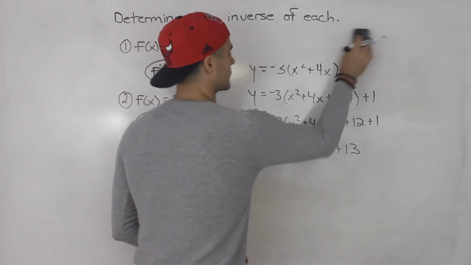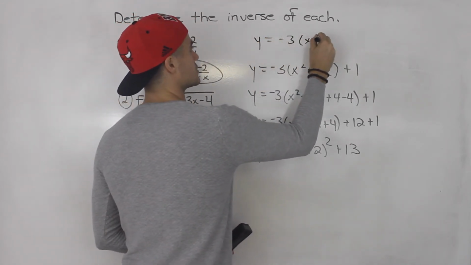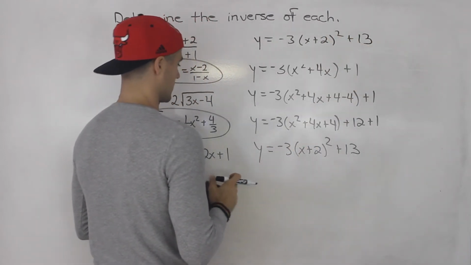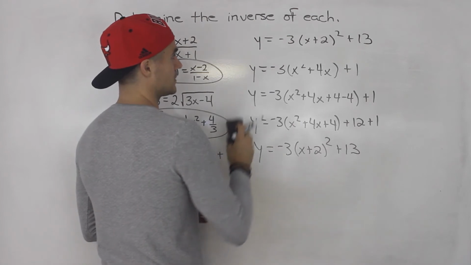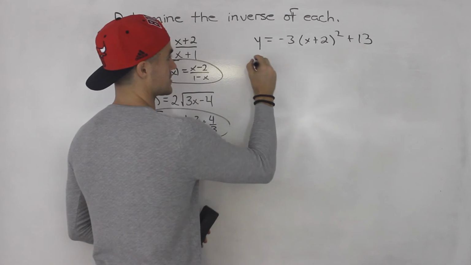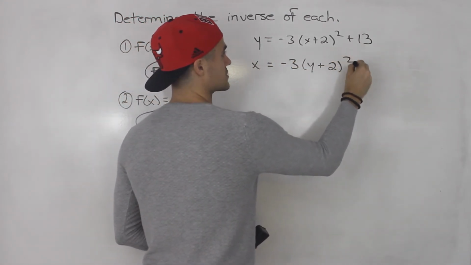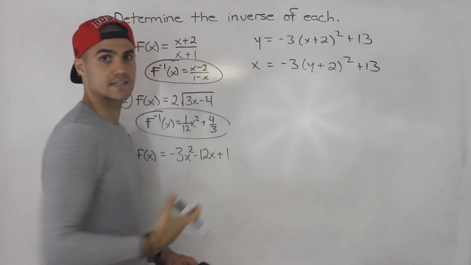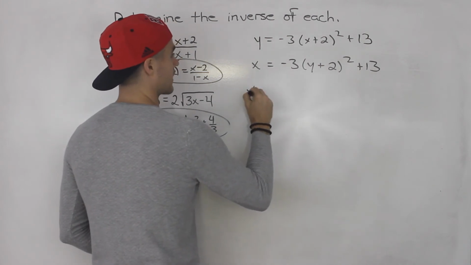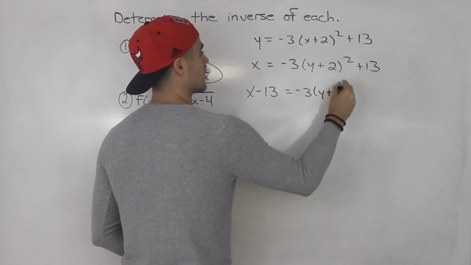So now, once we have that, we've got y equals negative 3 times x plus 2 squared plus 13. From here, what we can do is just interchange the x and y's now. So x equals negative 3 times y plus 2 squared plus 13. And now we can just isolate for that y. So we bring the 13 over, so x minus 13 equals negative 3 times y plus 2 squared.